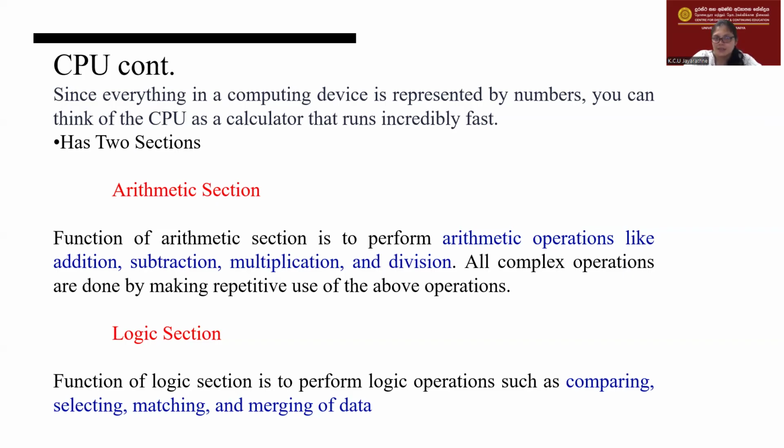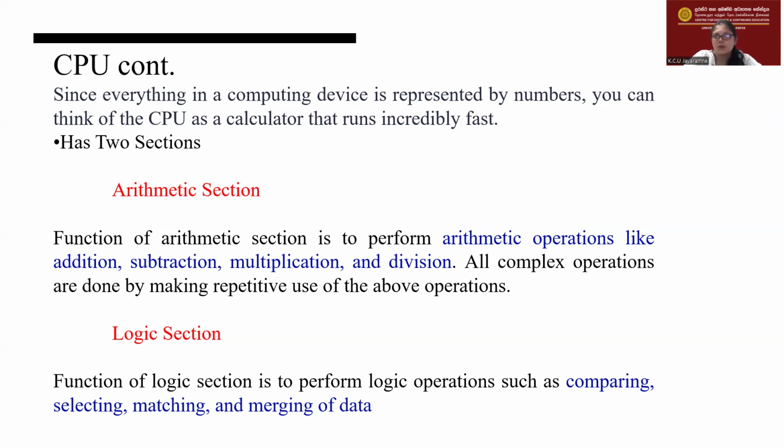The logic section is the place where decisions are made. It performs logic operations such as comparing, selecting, matching, and merging of data. In the arithmetic section, all the mathematical parts are done. In the logic section, all the decision parts are done.